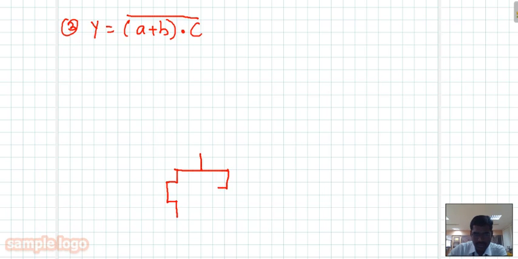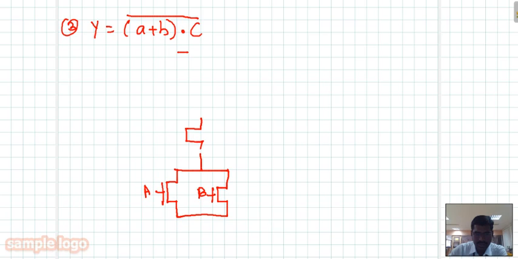So here, the OR operation belongs to A and B. So it is A, it is B, and here we have the dot operation. The dot operation we have to put in series with this parallel connection.